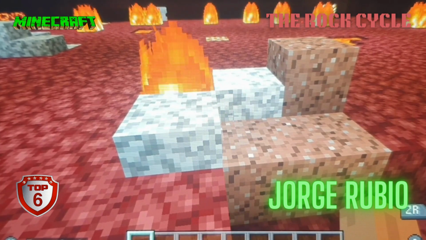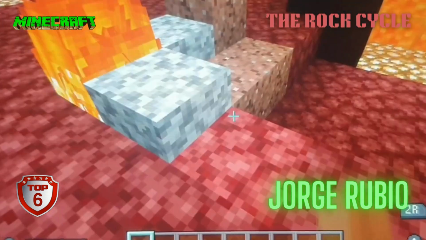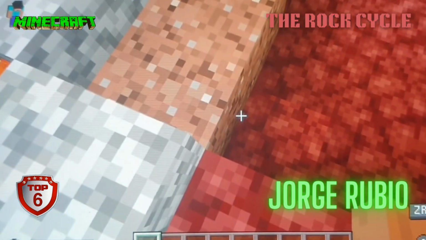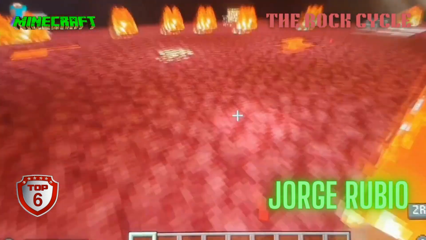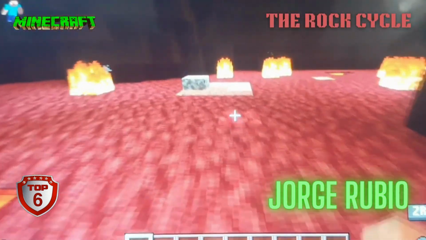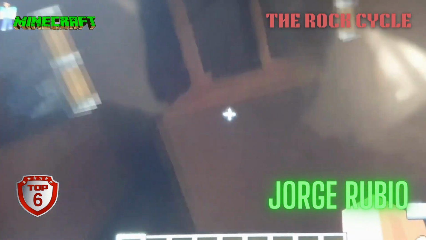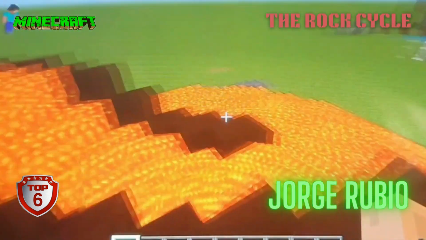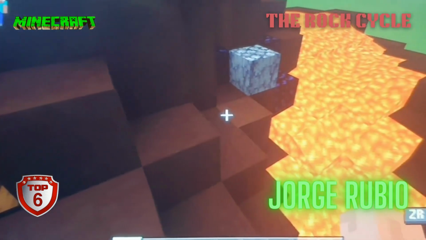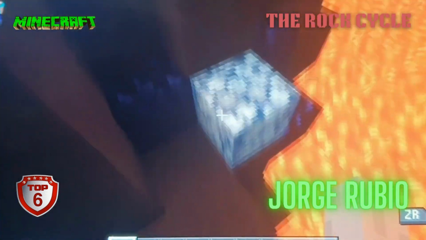The intrusive are made slowly, so they have crystals. The extrusive are made quickly, so they don't have crystals.